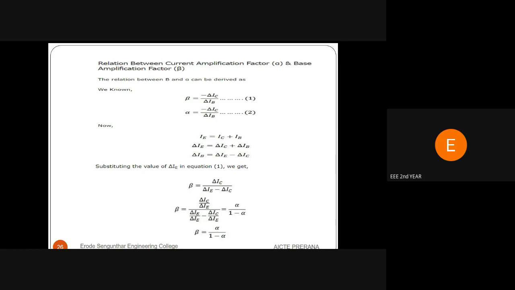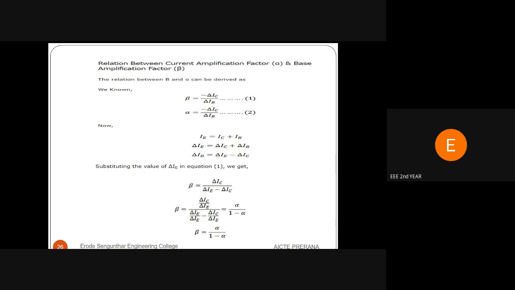We also know the emitter current IE equal to the base current IB plus collector current IC. Change in emitter current equal to change in collector current plus change in base current. From the above equation, we get del IB equal to del IE minus del IC.